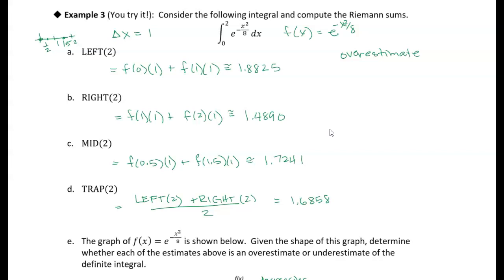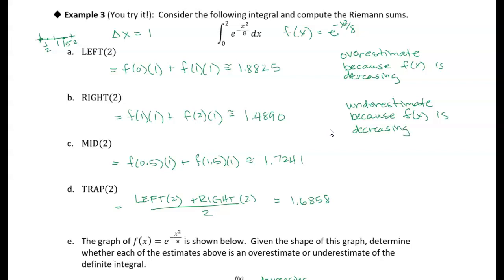And the right-hand sum is going to be an underestimate, right? And again, it's just because that right-hand data point is always less, because f of x is decreasing.